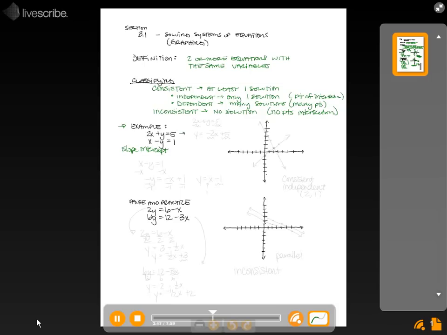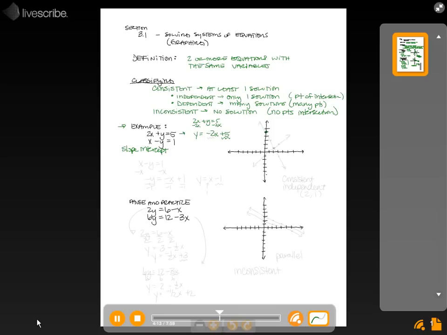This first one here, all we need to do is subtract 2x from both sides. This was our original, 2x plus y equals 5, minus 2x from both sides. So we get y equals negative 2x plus 5, and we get our new equation, and we're going to plot that. Our intercept is 5, so we're going to go up to 5 on the y-axis: 1, 2, 3, 4, 5, and put a point.